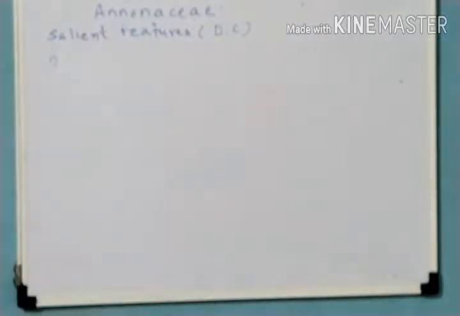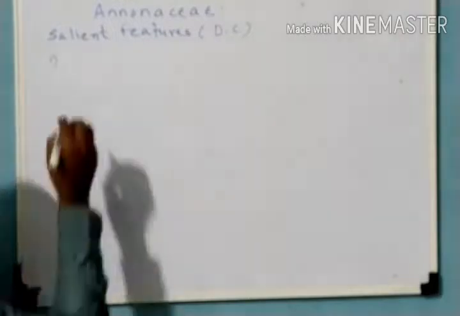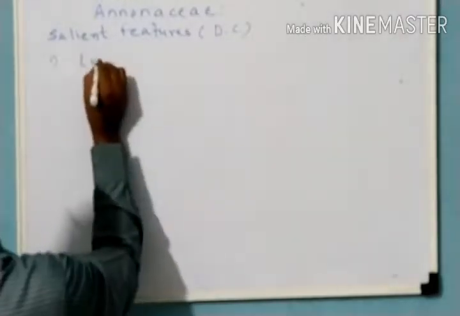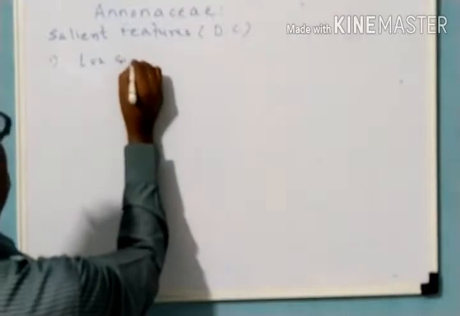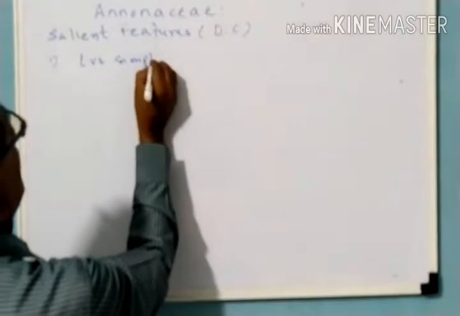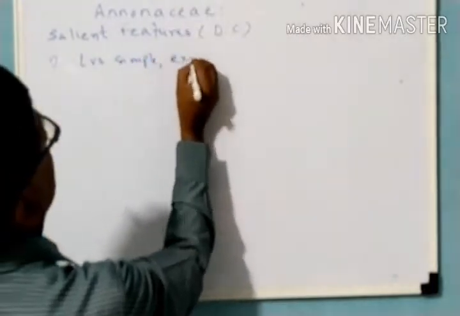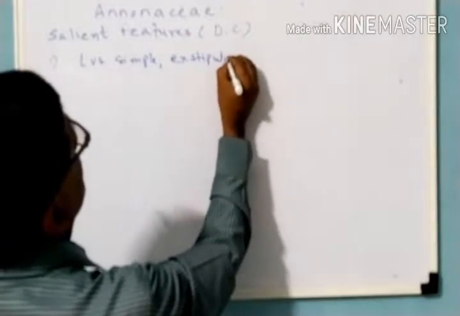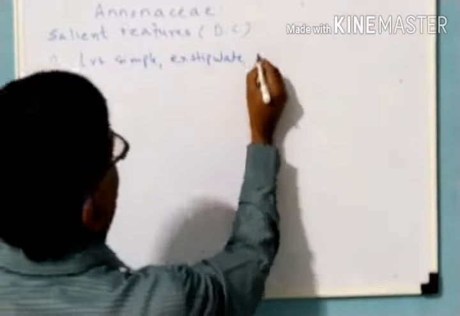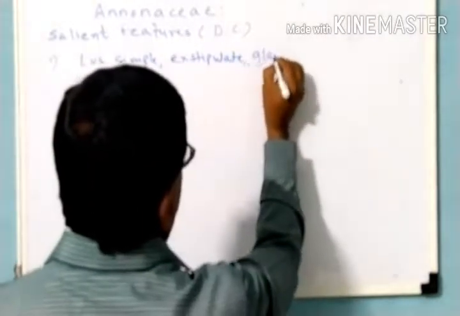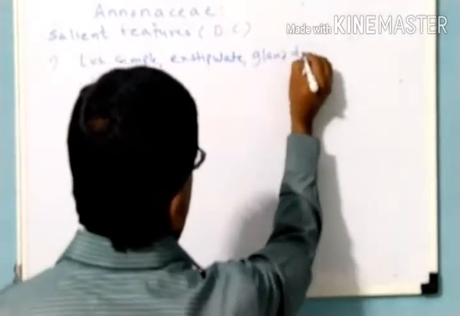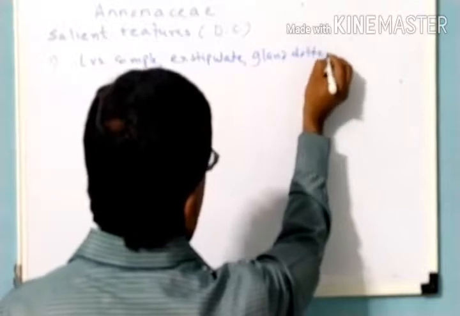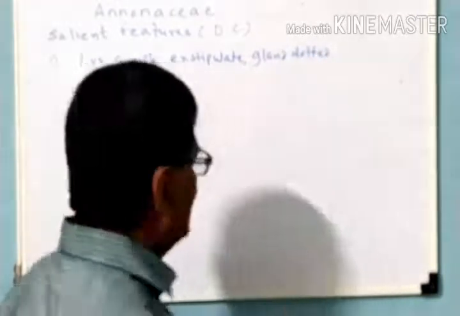The first is the leaves are simple, exstipulate, and gland dotted. What does it mean? Simple leaves are there.